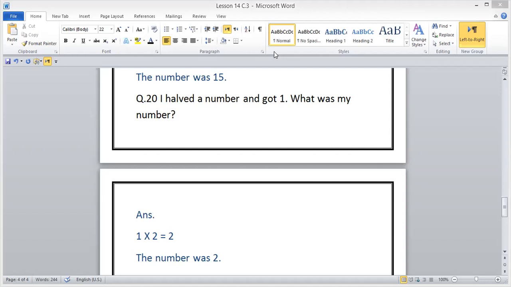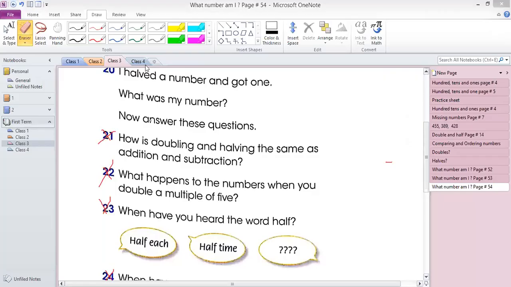How can we double 5? The second question is about multiples of 5. What happens to the number when you double a multiple of 5? When you double a multiple of 5, you get a multiple of 10. Take any number from the multiples of 5, like 5, double it, multiply by 2, the answer is 10.